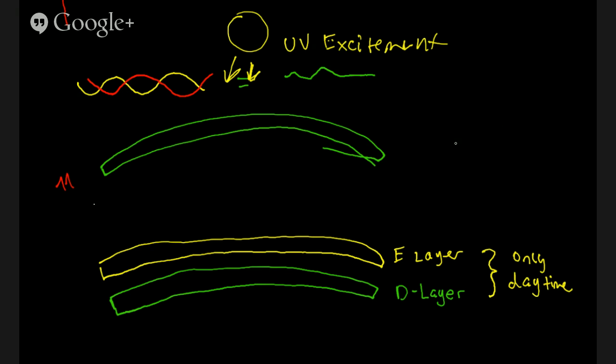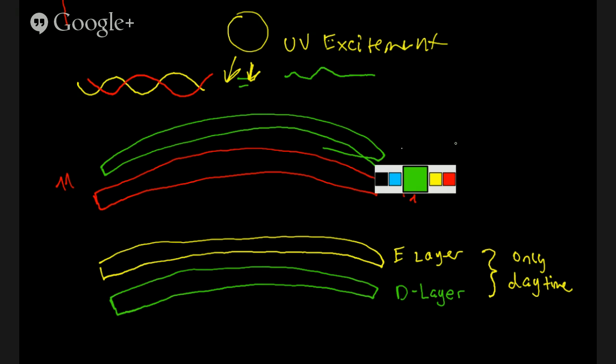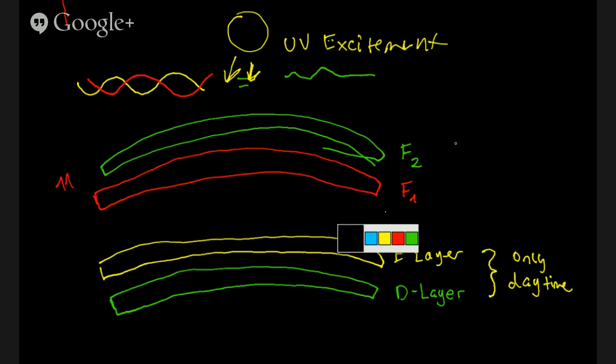And above those, we have a region of the ionosphere called the F layer. During the daytime, there are two F layers, F1 and F2. And at nighttime, these two combine into one layer.